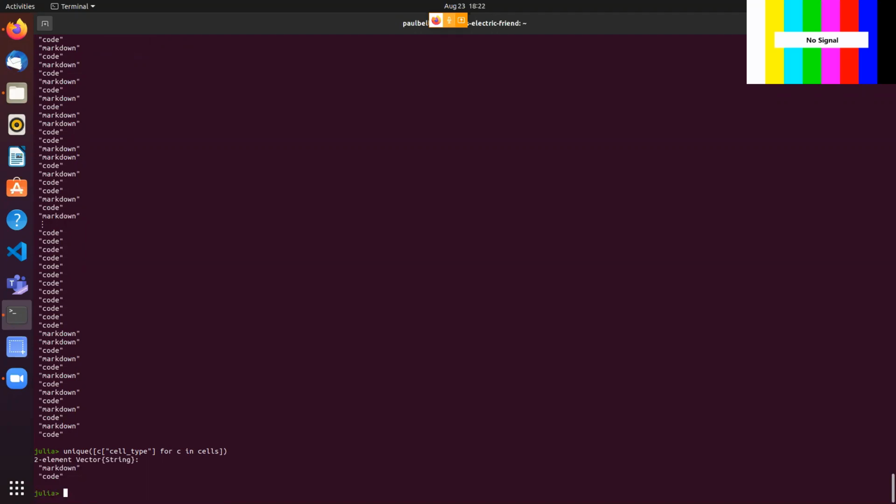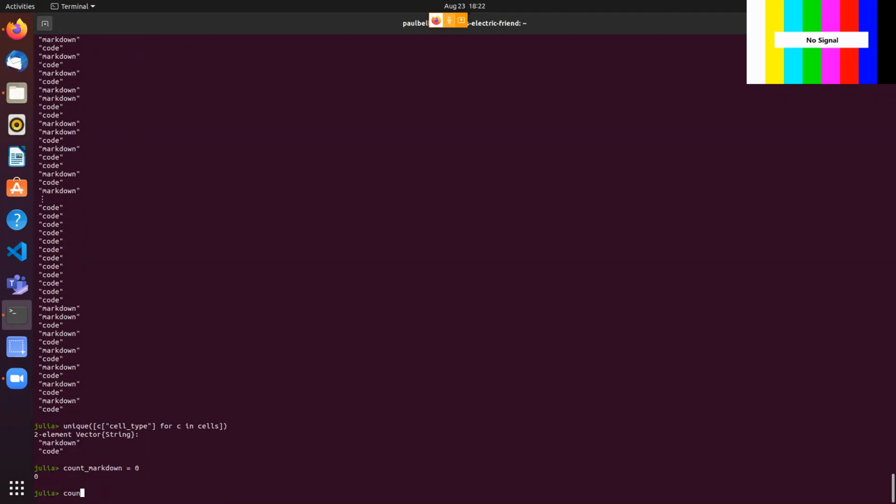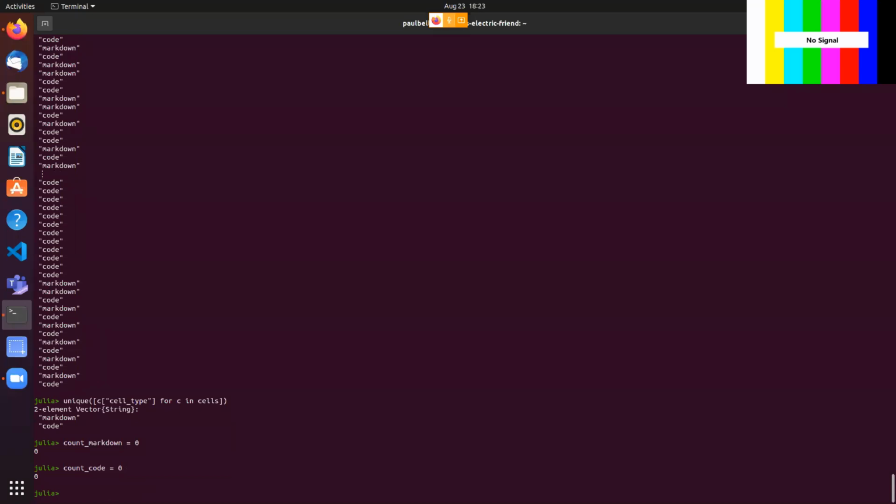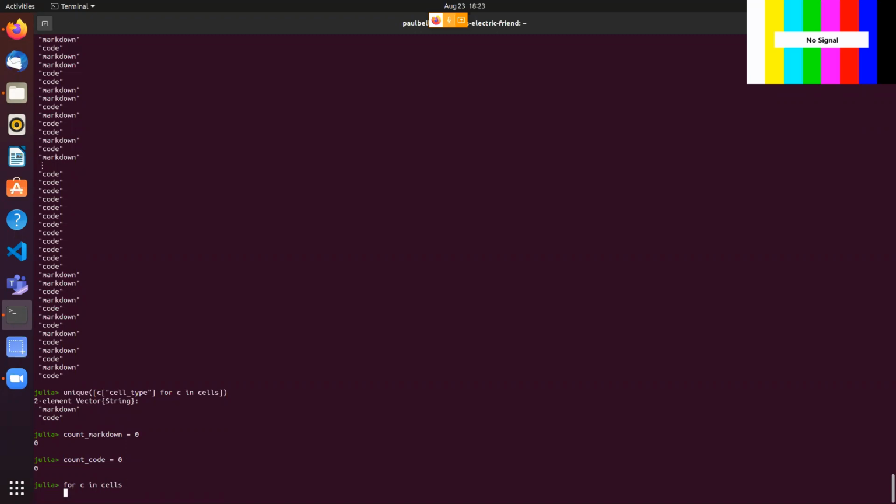Because I'm in the REPL, I can make a loop and counters. You might go count markdown equals 0, count code equals 0. Then you might go for c in cells. I've got to say global because I haven't written a function. If you're doing this yourself, please write a function.